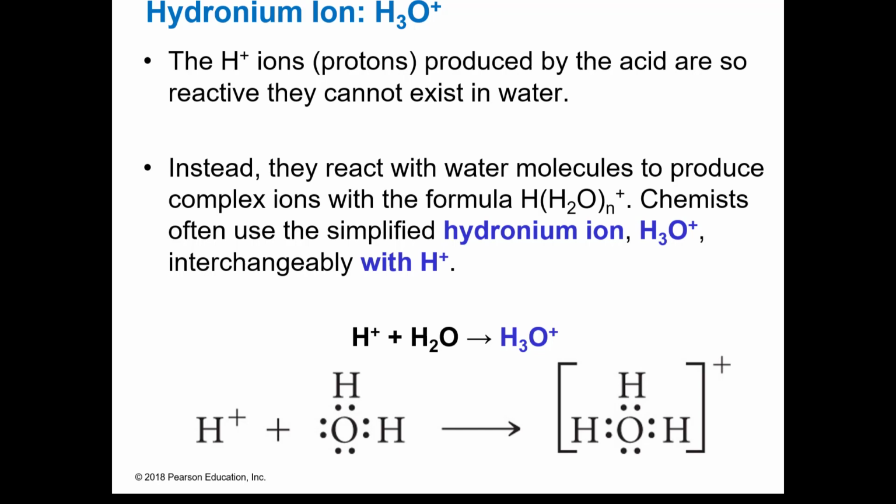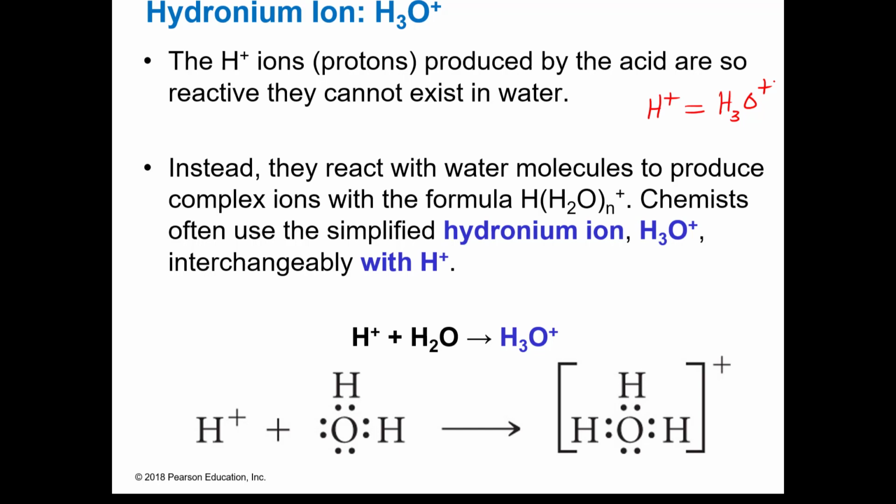So in an acid, you have something called a hydronium ion. Now you're going to see us use an H plus to equal this hydronium ion, because depending on how you're putting it in the reaction, it sometimes makes it easier to balance if you have an H plus in there.